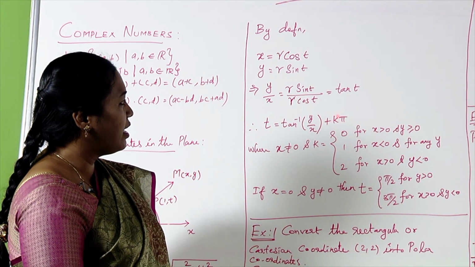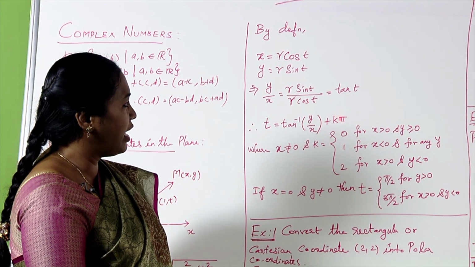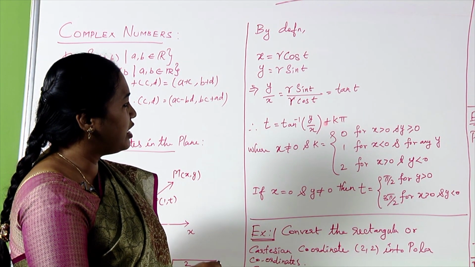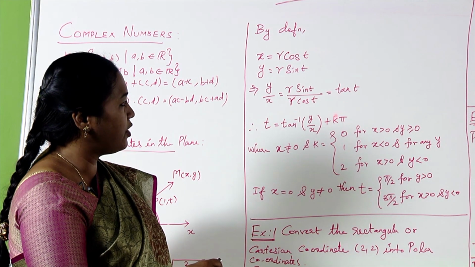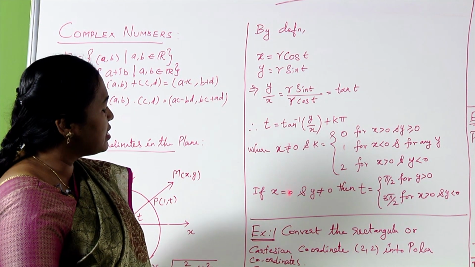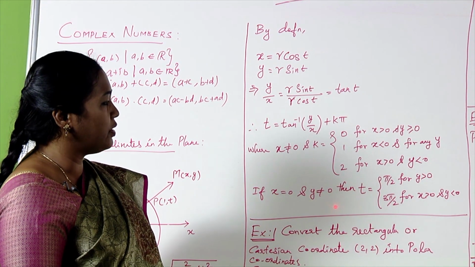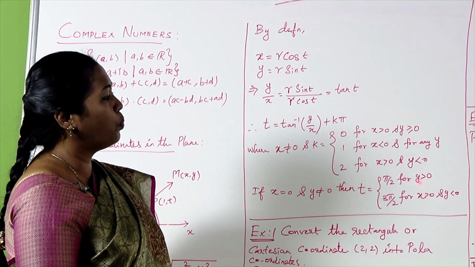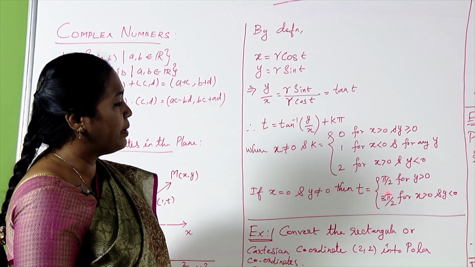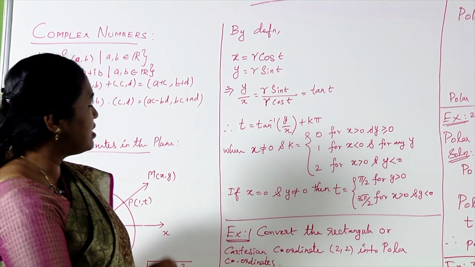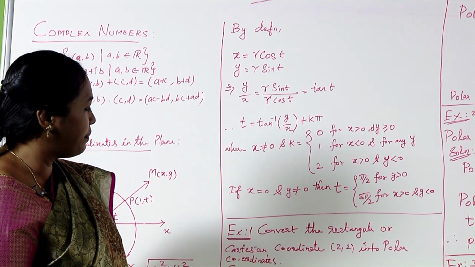So, the value of k depends on how x and y behave. What if x is 0 and y is non-zero? Then t can only take two values, namely pi by 2 for y greater than 0 and 3 pi by 2 for y less than 0. So, this is the basics of polar representation.